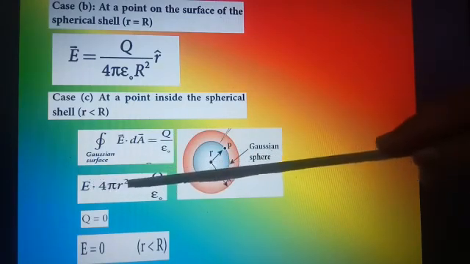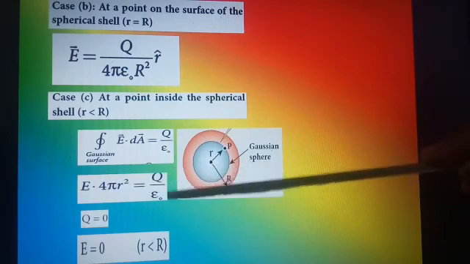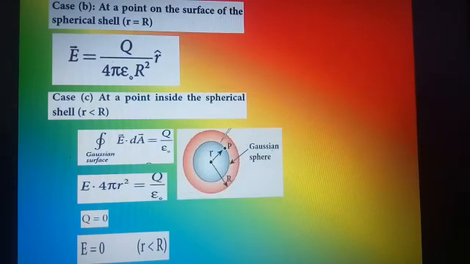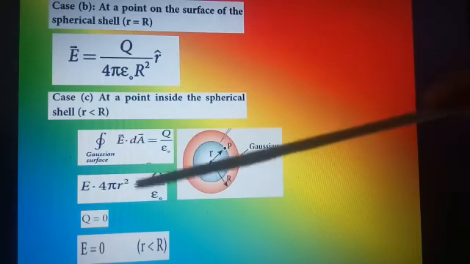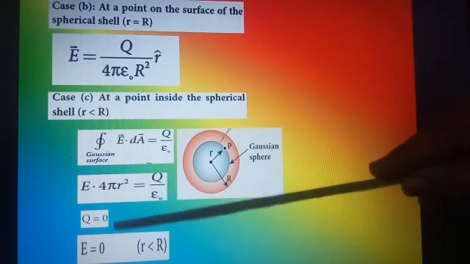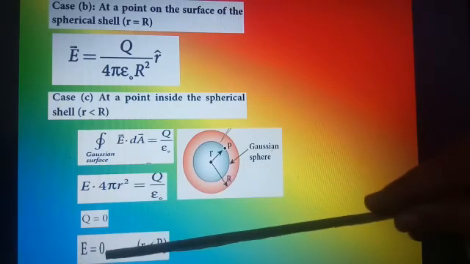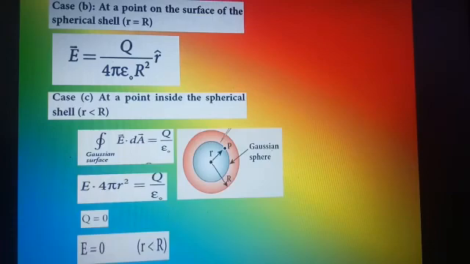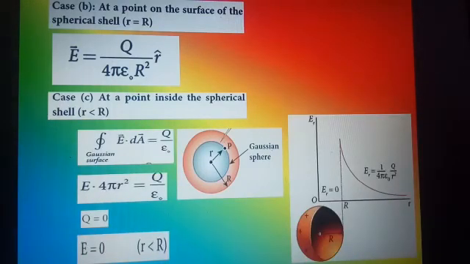So E dot 4 pi r square is equal to Q by epsilon naught. Since the Gaussian surface encloses no charges, Q is equal to 0. Substituting this 0 value here, we get E is equal to 0. So the electric field due to a uniformly charged spherical shell is 0 at all points inside the shell.